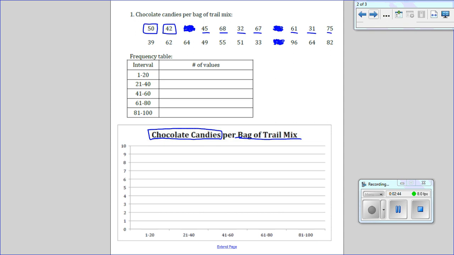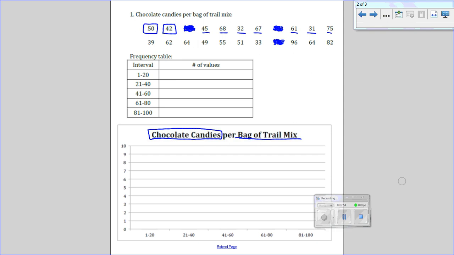Okay? So the reason we do data analysis and make little things like histograms and pie charts is because maybe this person worked at a trail mix factory and their boss said, I want to know about how many chocolate candies are in each bag of trail mix. Maybe they were running over in their chocolate candy budget.